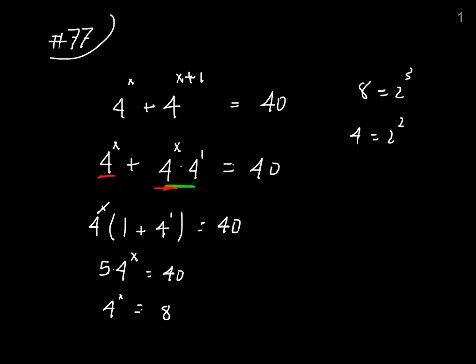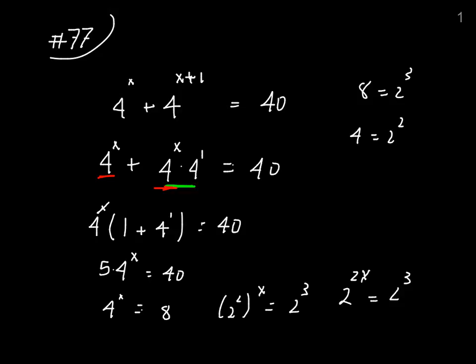So the 4 to the power of x I will rewrite as 2 squared to the power of x. And 8 I'm going to rewrite as 2 to the power of 3. So actually what I have is 2 to the power of 2x because I have a power to a power. So the exponents multiply. And on the right hand side what I have is 2 to the power of 3.